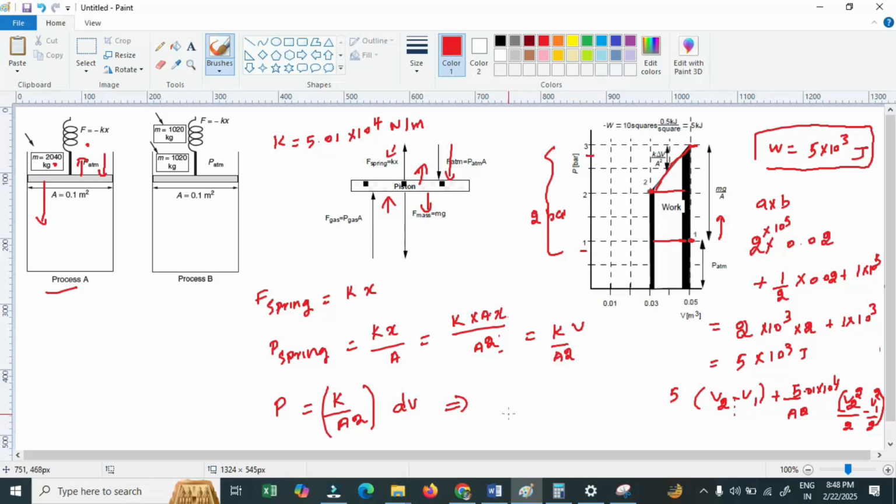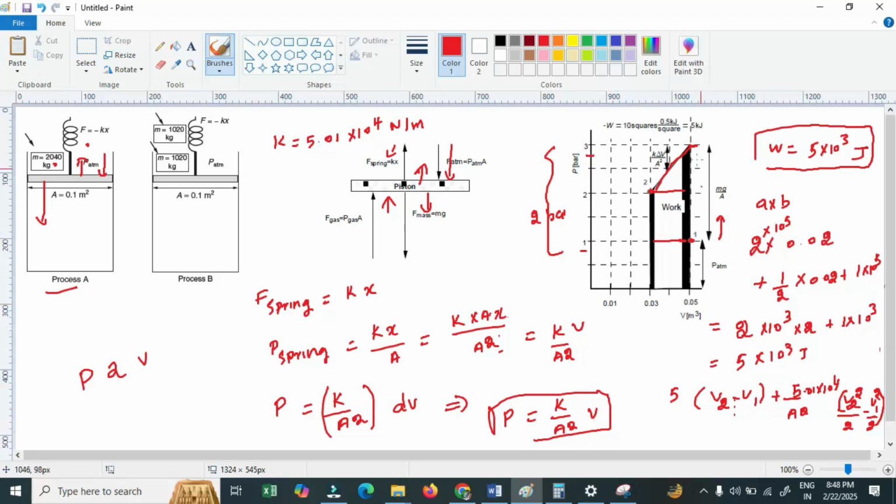So here P should be equal to K divided by A square into V. That is, P is proportional to V. That means it is an equation of straight line. It means the pressure changes linearly with the volume.